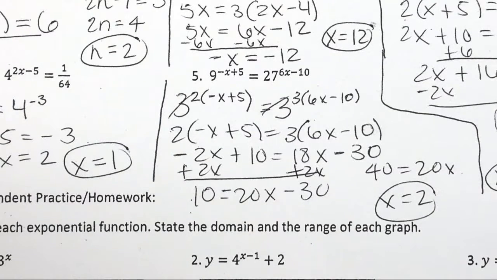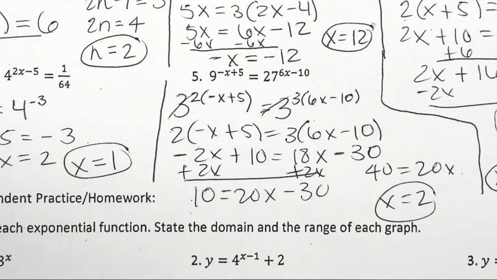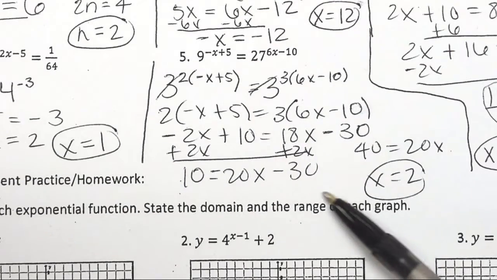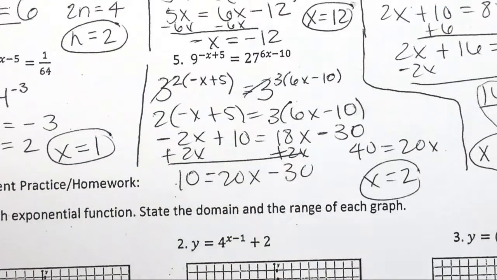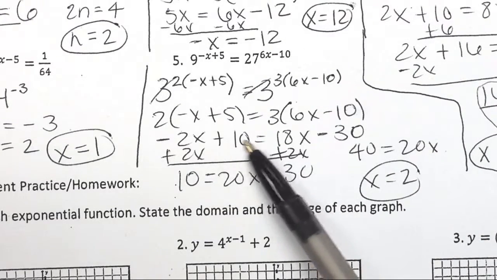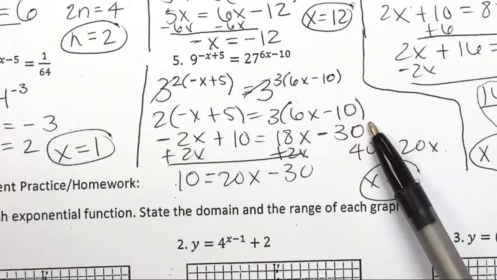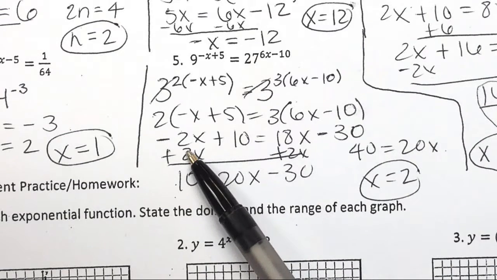Yes? You know, like on your last line of work, where it says negative 2x plus 10 equals 18x minus 30. How do you know which to do first? Oh, it doesn't matter. What'd you do first from here? Like when I subtracted 18x instead of adding 2x.